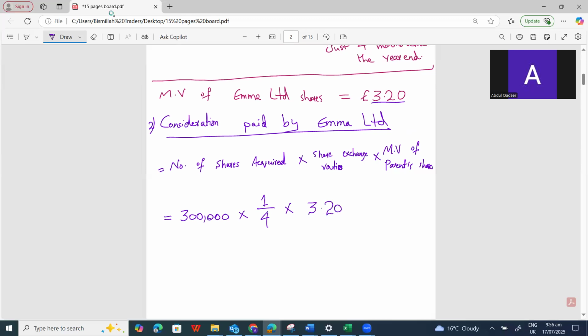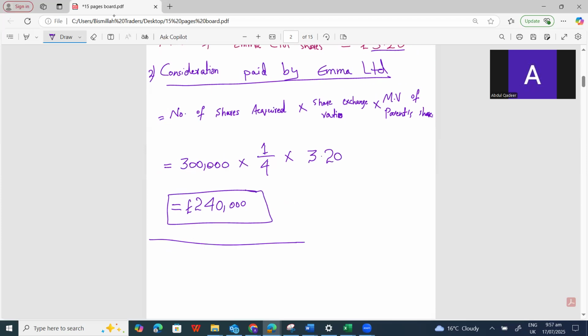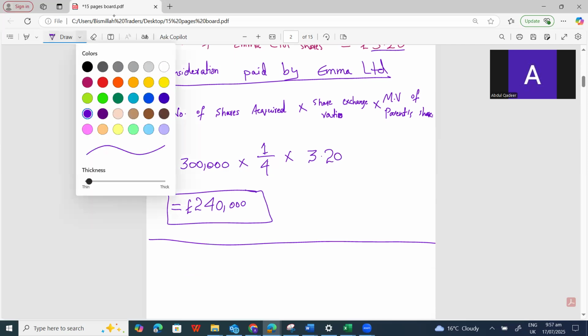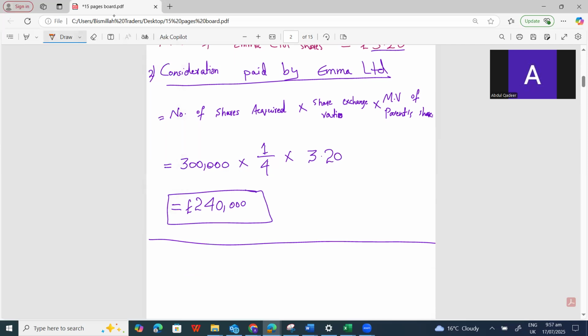So the total consideration, 75,000 multiplied by 3.20, when you calculate, comes to 240,000 pounds. This is the consideration paid by EMA Limited. Okay, next step we have completed. Now we are moving towards another step.